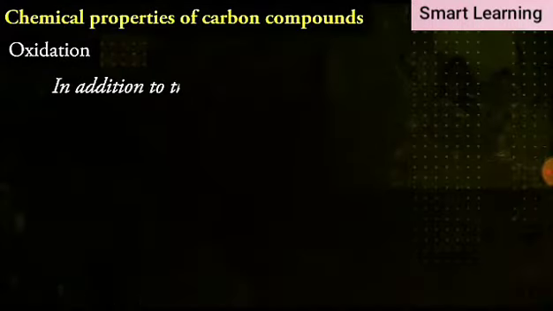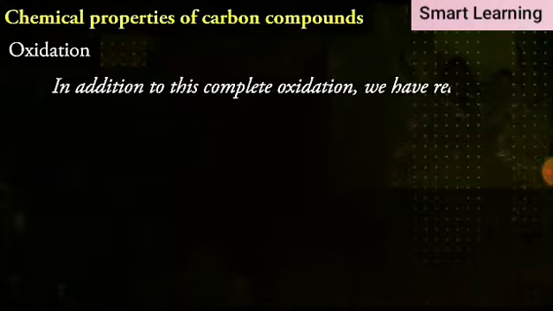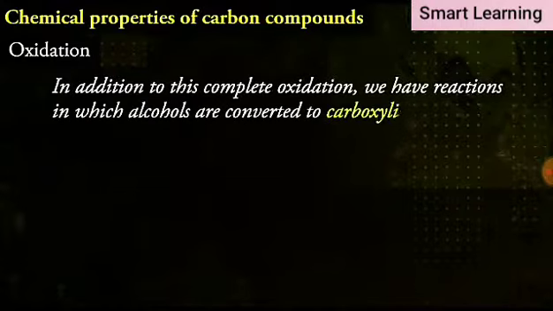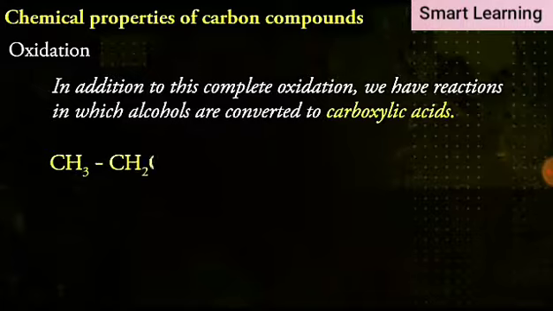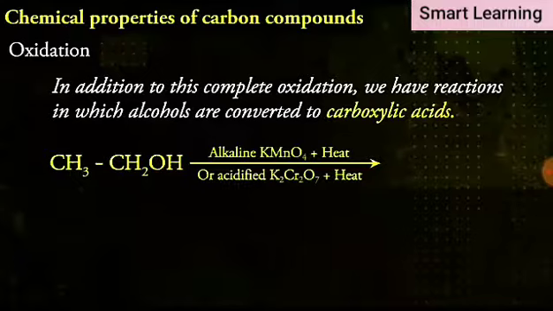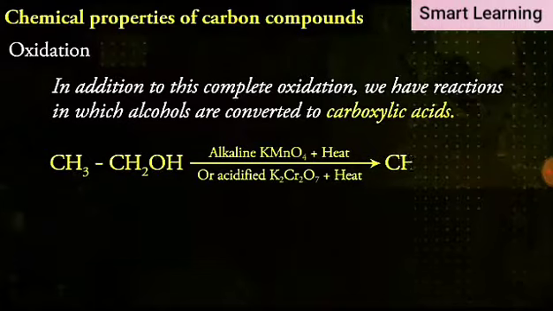In addition to this complete oxidation, we have reactions in which alcohols are converted to carboxylic acids. The reaction being CH3-CH2OH reacting in the presence of alkaline KMnO4 plus heat or acidified K2Cr2O7 plus heat gives CH3COOH.